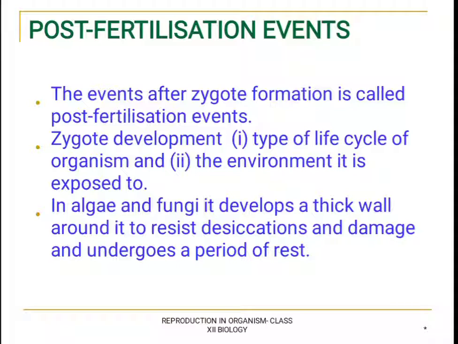In organisms with haplodiplontic life cycle, the zygote divides mitotically to form a diploid sporophyte. The latter creates haploid spores via meiosis, which divide mitotically to produce haploid gametophyte. The gametophytes produce gametes via mitosis.